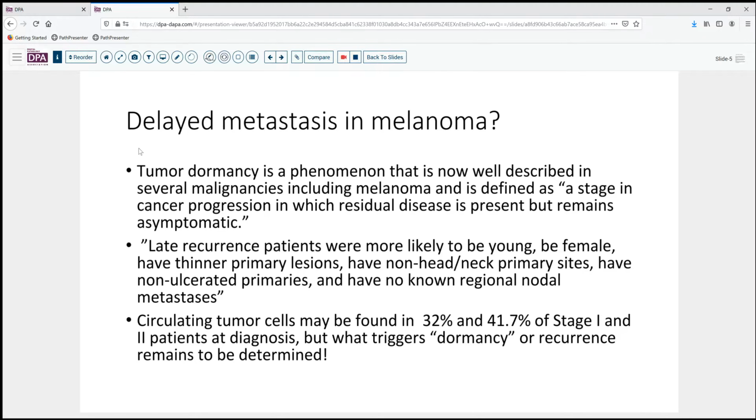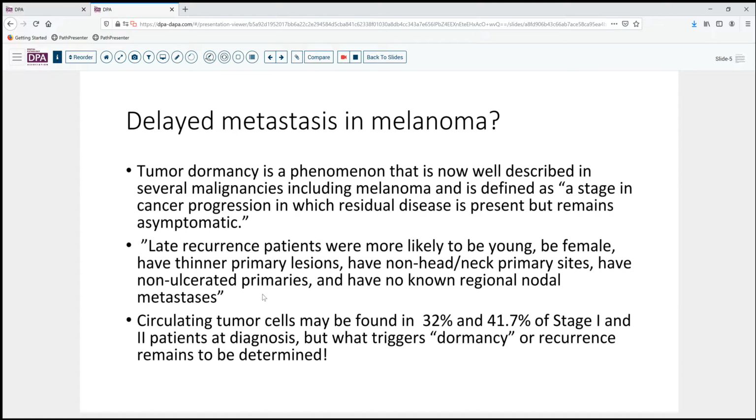It falls into the category of what's termed tumor dormancy, and including melanoma, there are several others. This is defined as a stage of cancer progression in which the residual disease is present but remains asymptomatic without progression.